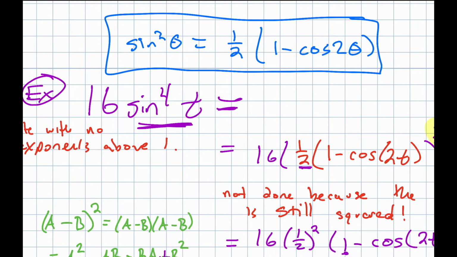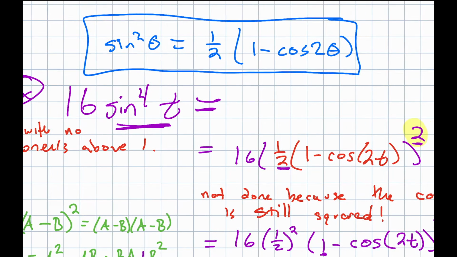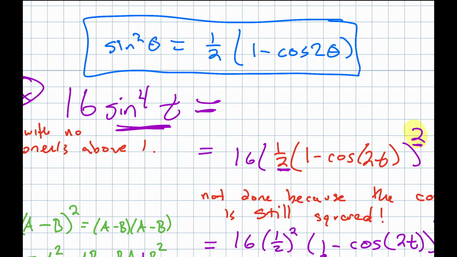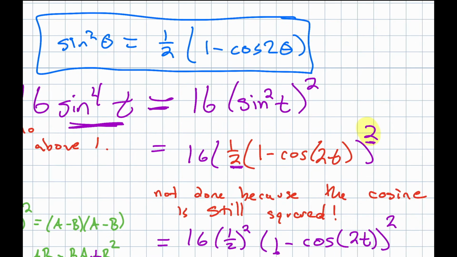So what you do is you write this 16 sine to the 4th t as 16, and then instead of sine to the 4th, you can say sine squared t times sine squared t, because when you multiply these two things, you add the exponents.